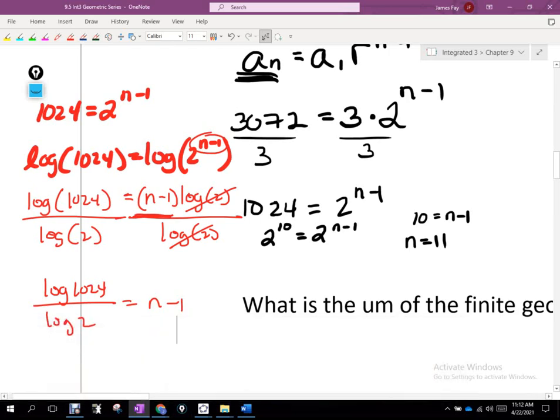Well, it says n minus 1. If this was 10 equals n minus 1, how would you solve for n there? I'd add 1, right? So I'm still going to just add 1 here and add 1 over here.